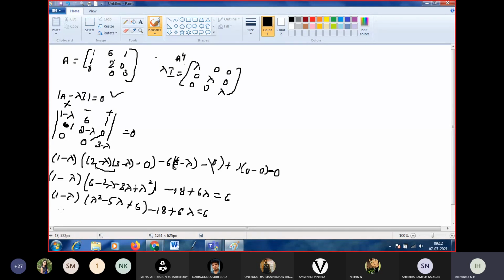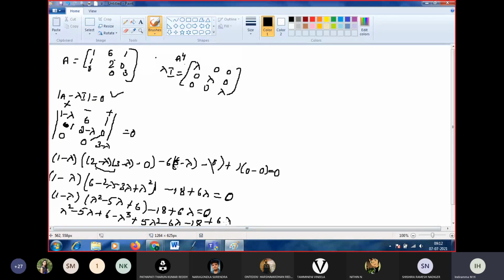Now multiply first with 1, lambda square minus 5 lambda plus 6. Next multiply with minus lambda, cube, minus into minus plus 5 lambda square minus 6 lambda, minus 18 plus 6 lambda equal to 0 RHS.